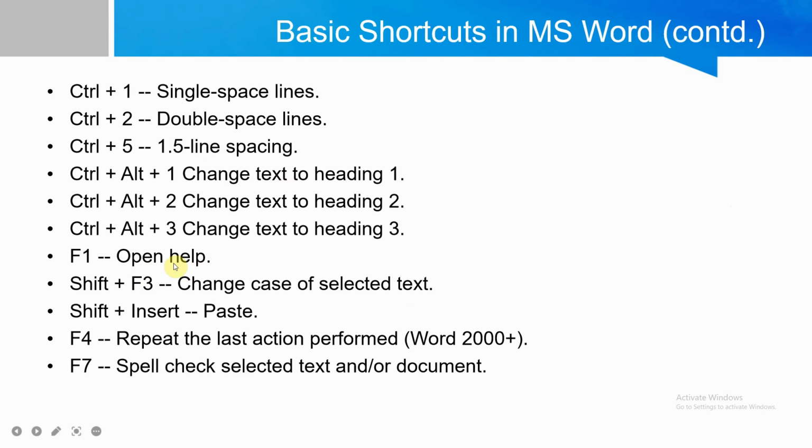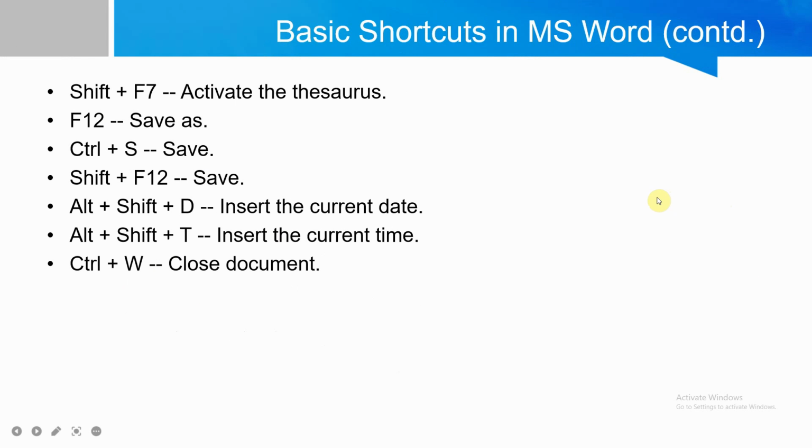Alt, F1 is help. Single space line is Control 1, Control 2. And lastly, Control W closes the document. Save As is F12, Control S is save, and Shift F12 is also save. And activating.